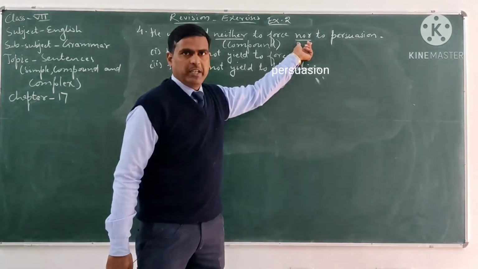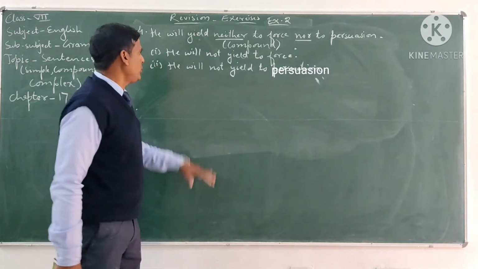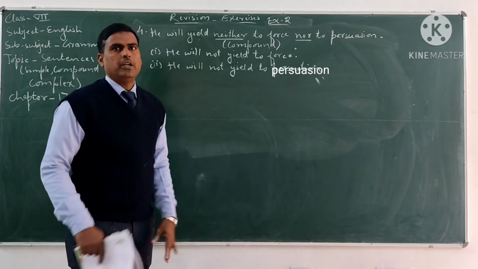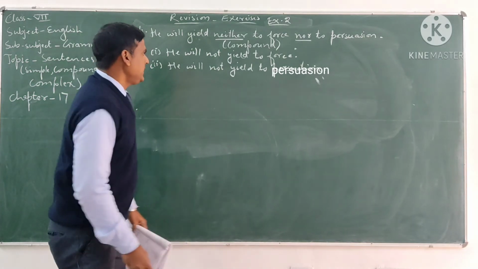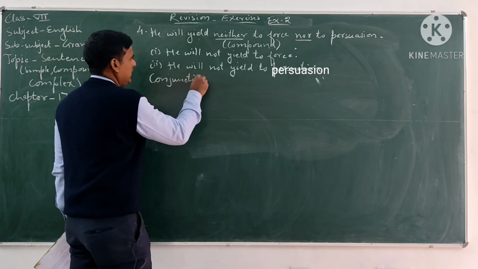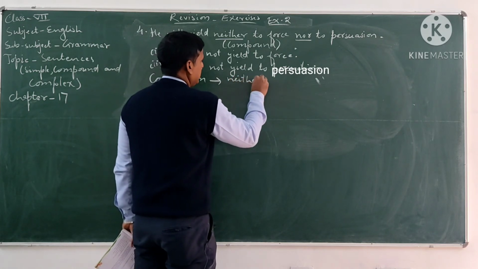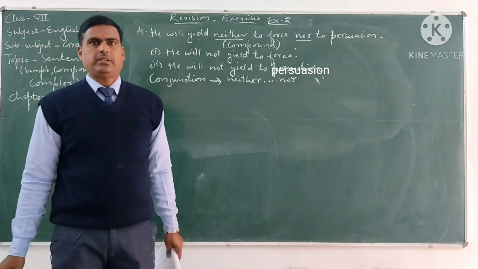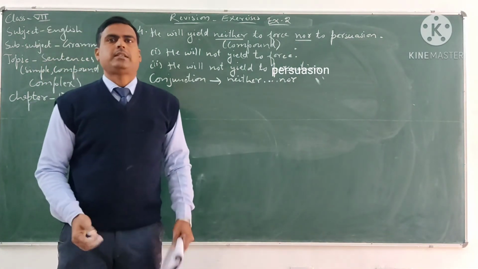Nor gives the meaning of not, and neither also gives the meaning of not. So we will use: he will not yield to force, he will not yield to persuasion. So these are the two clauses used in this sentence, and the conjunction used in this sentence is neither nor. Neither nor are correlative conjunctions.